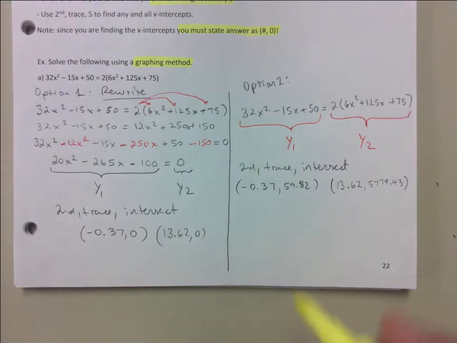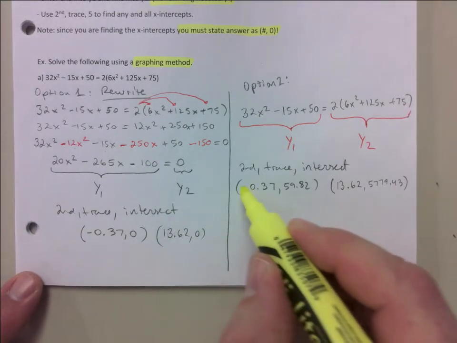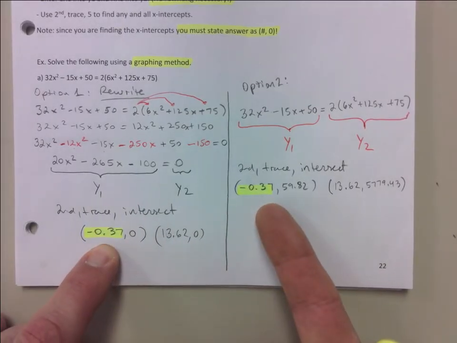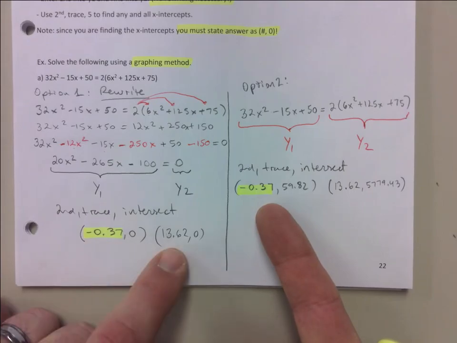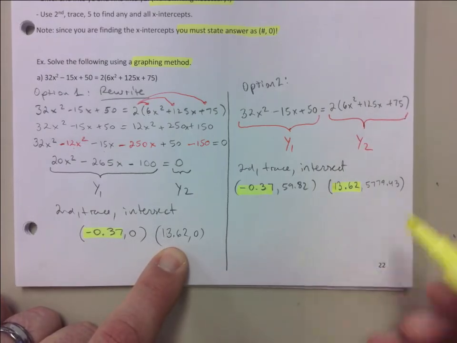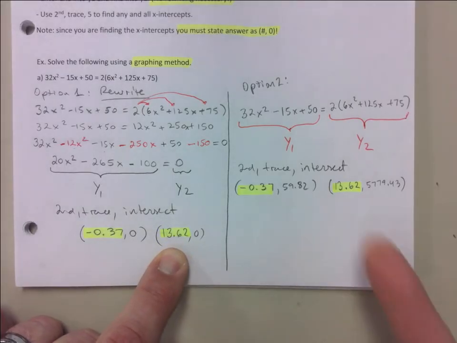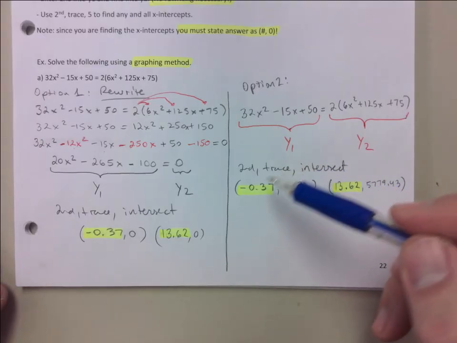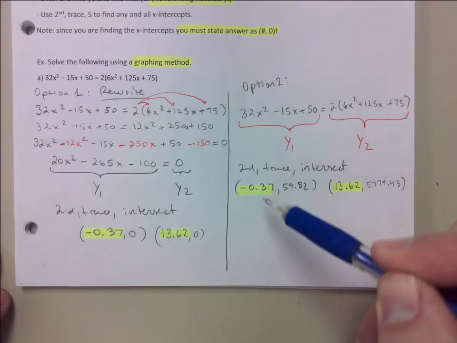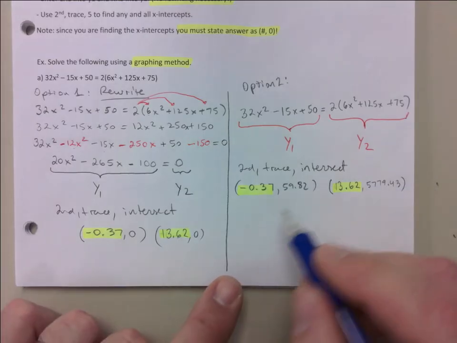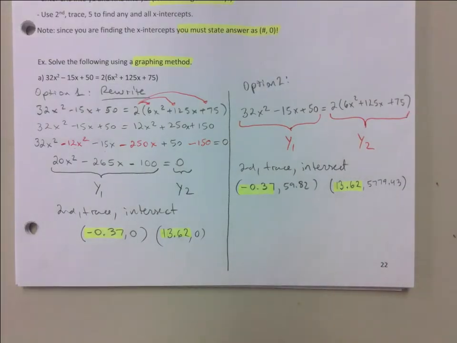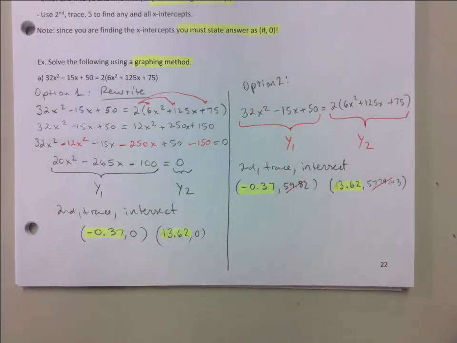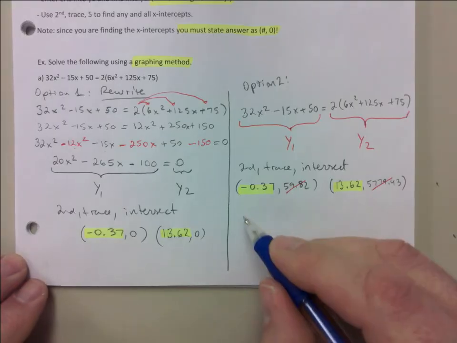Now, do you notice that the x values are exactly the same, right? Negative 0.37, negative 0.37, and 13.62 and 13.62 matches, right? So the only thing that you have to account for if you do it this way, make sure you get this part, is you got to ignore those y coordinates and just state them as 0, okay?